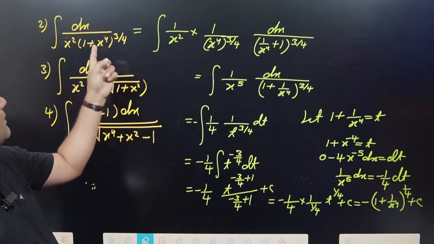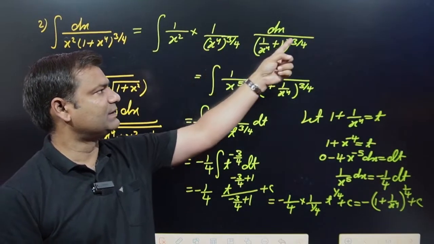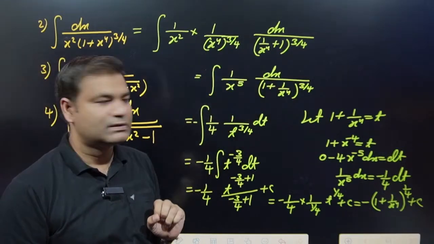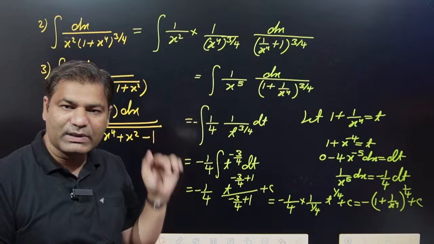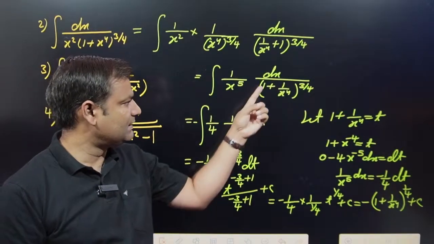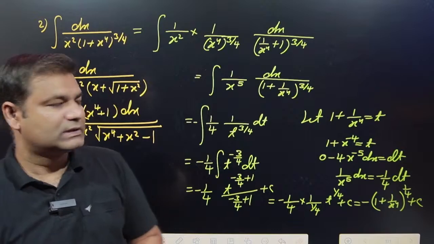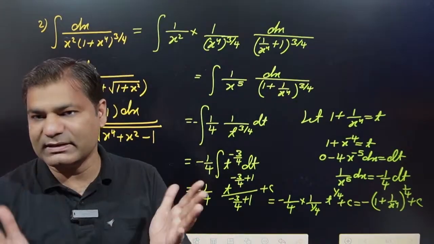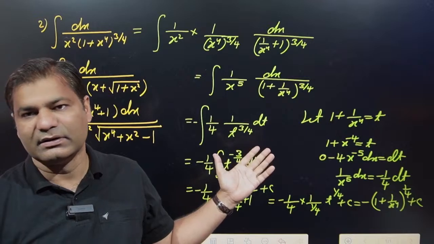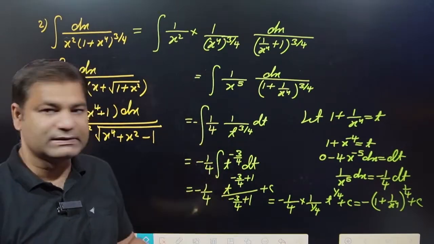Here x to the power 4 common, so (x to the power 4) to the whole power 3 by 4 is written here, and here x square, so x to the power 5. So finally we get 1 by x to the power 5 dx divided by (1 plus 1 upon x to the power 4) to the whole power 3 by 4. Now after that, 1 plus 1 upon x to the power 4 is taken as t, then differentiate, then put that value and we get the answer.